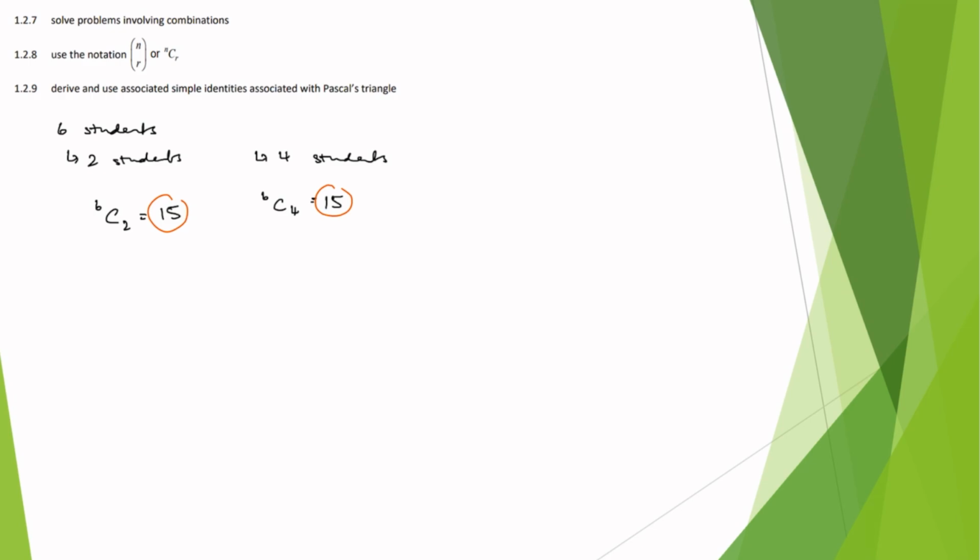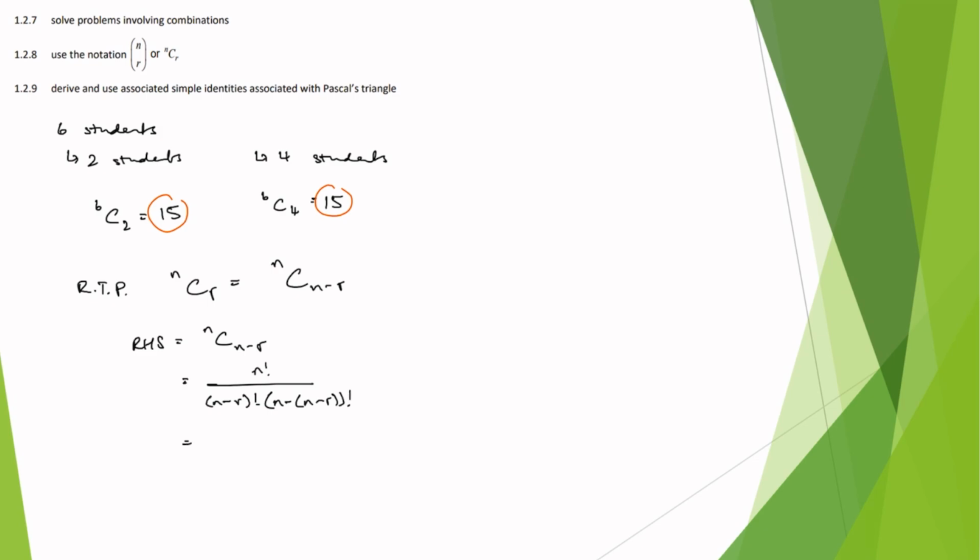This results in the more general algebraic property of combinations that n choose r is equal to n choose n minus r. We can prove this by considering the formula for combinations. The right-hand side, in this case, is equal to n choose n minus r, which is equal to n factorial over n take r factorial, multiplied by n take (n minus r) factorial.